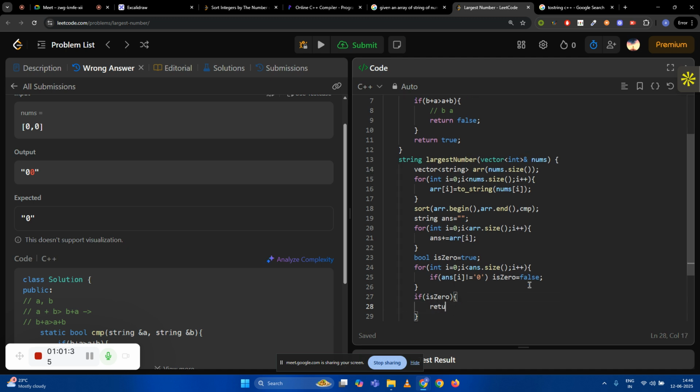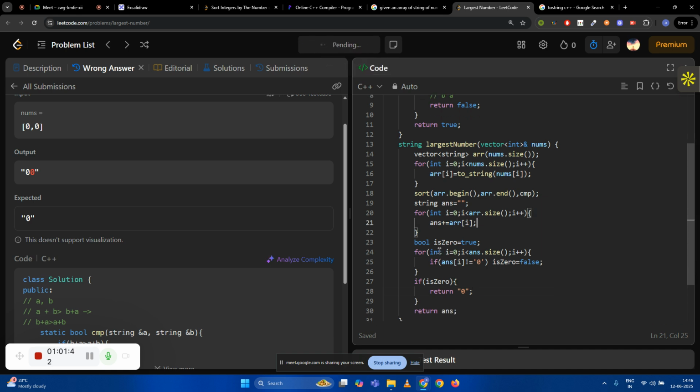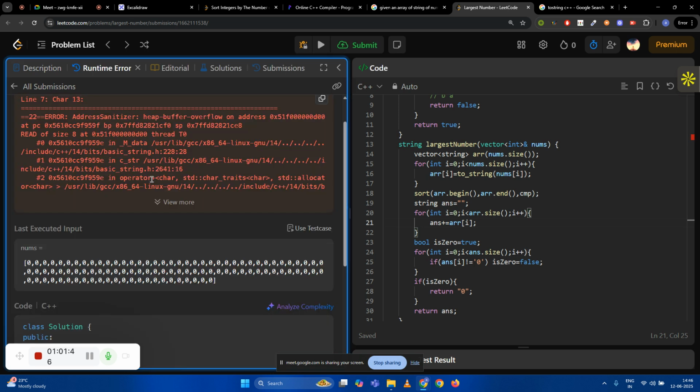Return just 0. That's it. So this is the edge case that we did not see and we were not told also.